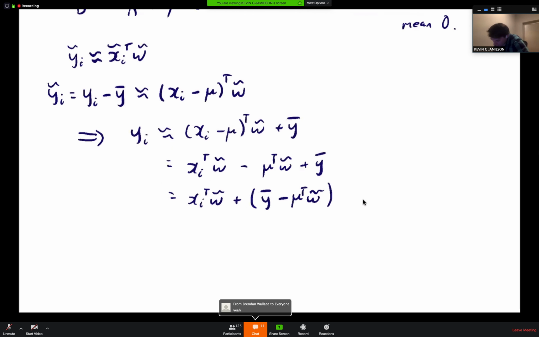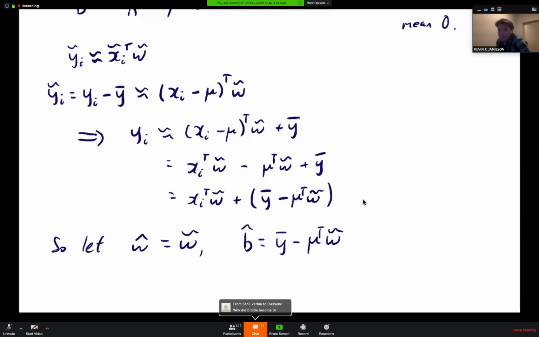And so I'm going to let w hat equal w tilde and b hat equal y bar minus mu transpose w tilde.